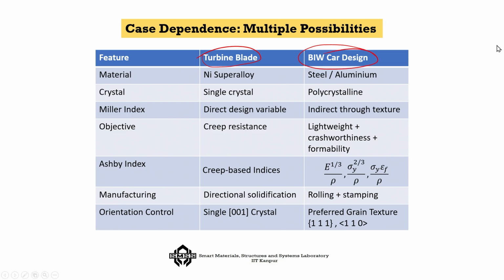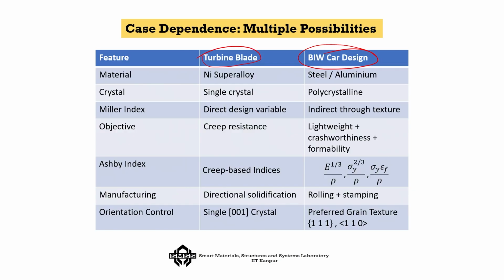Please understand that car design has gone through a revolutionary change. Earlier, cars would have a frame or a chassis, and then on that chassis you have the body of the car. But body in white cars are simply stamped from one single material. It is a concept that is borrowed from aircraft structures.